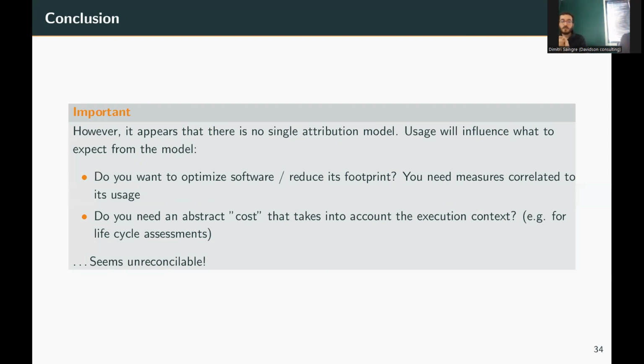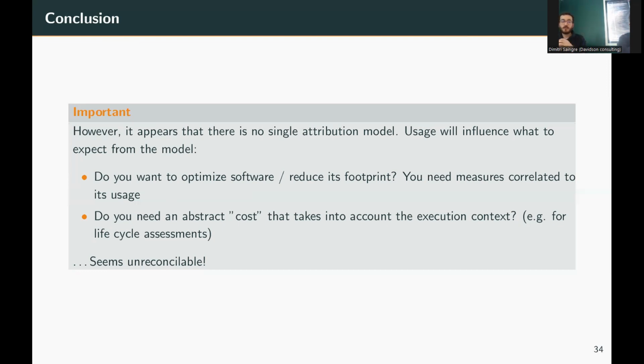We also conclude that there's no single attribution model. We could have different models depending on what we are expecting from the model. We see, for example, two main reasons. First, if you want to optimize software and reduce its energy footprint, then you need to understand the energy profile depending on the actual activity of the software. So you need measures that are correlated to the usage of the server by the software.